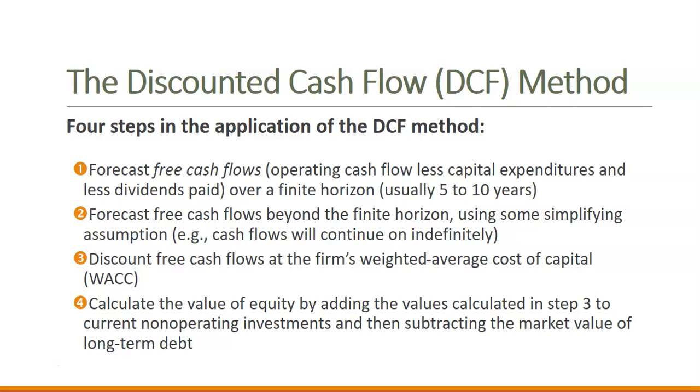So, for example, that cash flows will happen consistently for the life of the organization. We discount those free cash flows using the weighted average cost of capital, and then calculate the value of equity by adding those values calculated in step 3 to current non-operating investments, and then subtracting the market value of our long-term debt.